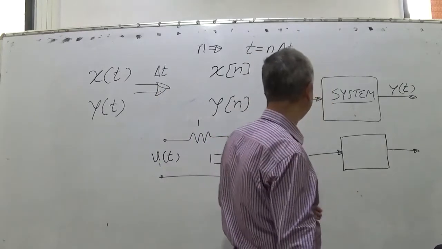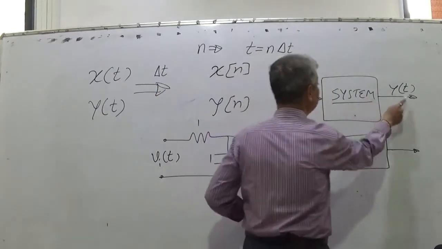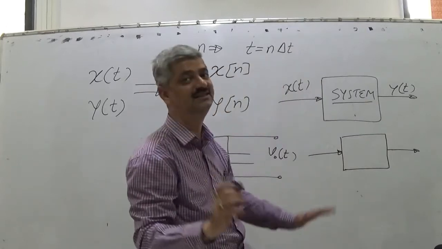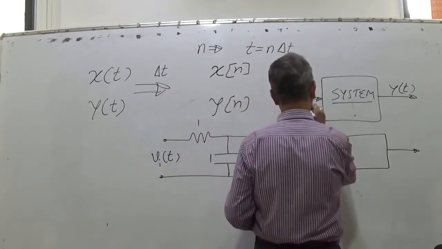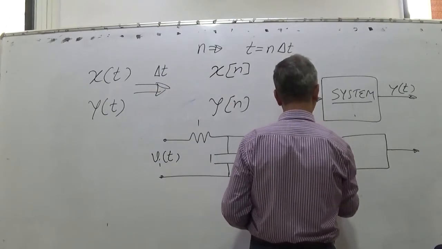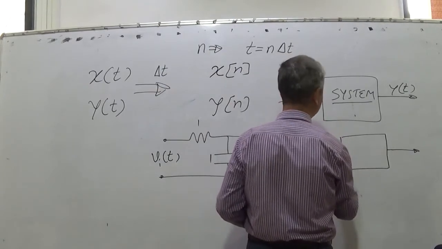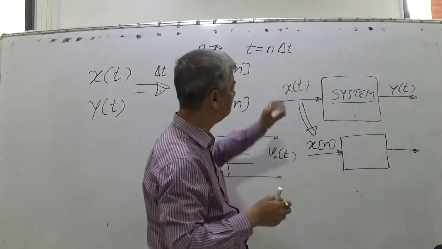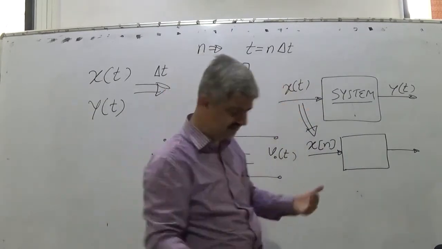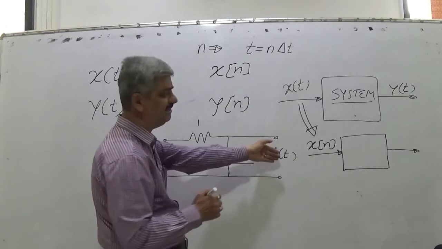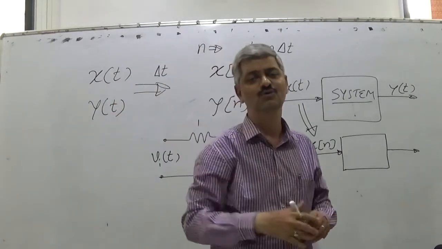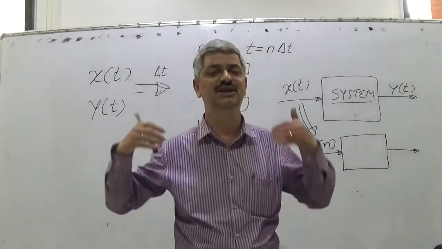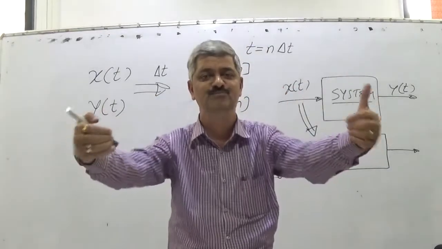So the relation between XT and YT I cannot establish directly. So from XT I convert to XN. Convert means I simply measure. The system is there. When I connect voltage to the voltmeter, the reading will be there. So I can measure both variables, input and output.